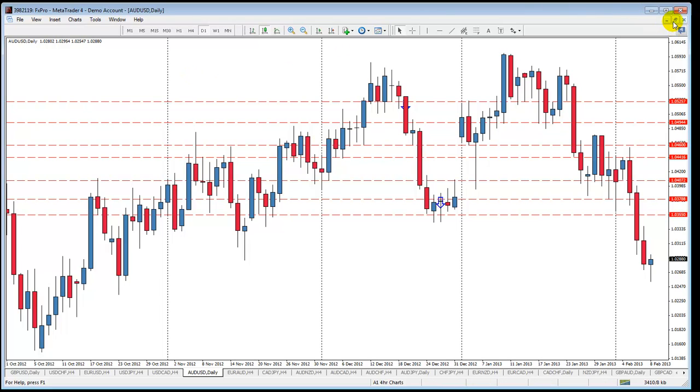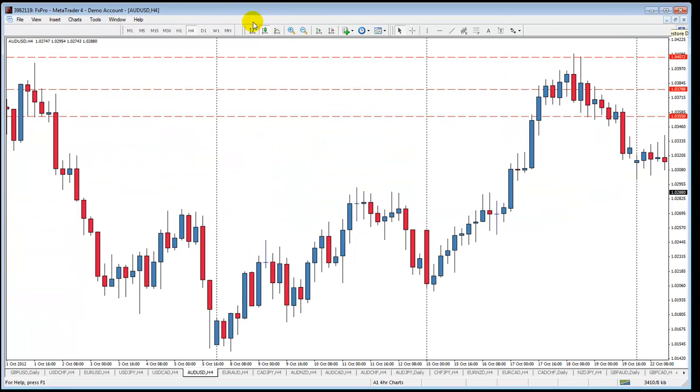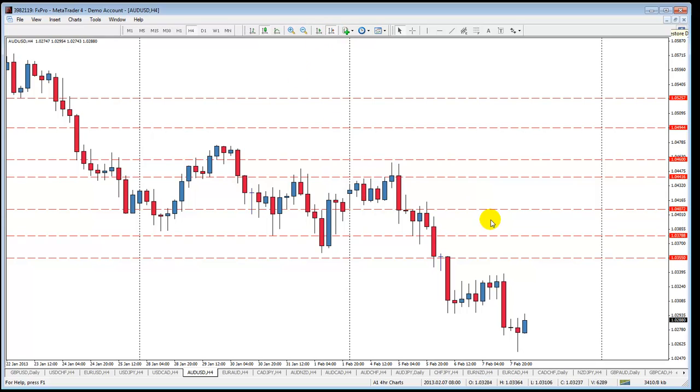If I had to guess, and this is just a guess, what's probably going to happen is it's going to retrace up to here, and then maybe next week it'll fall again or something. I don't know.